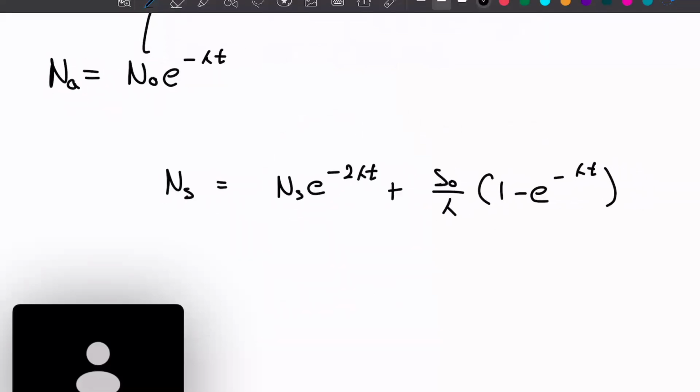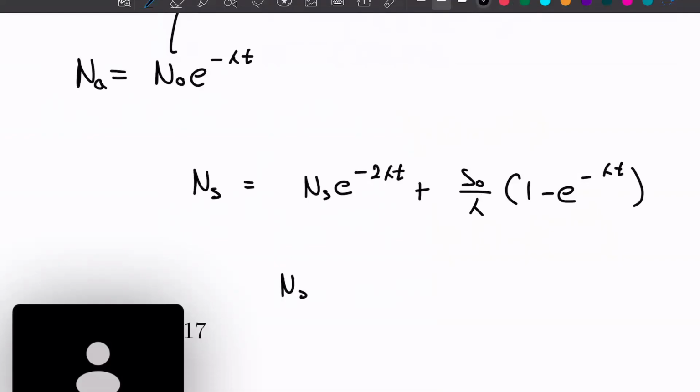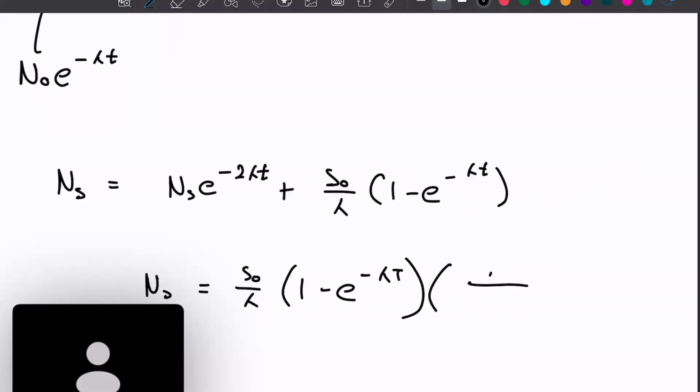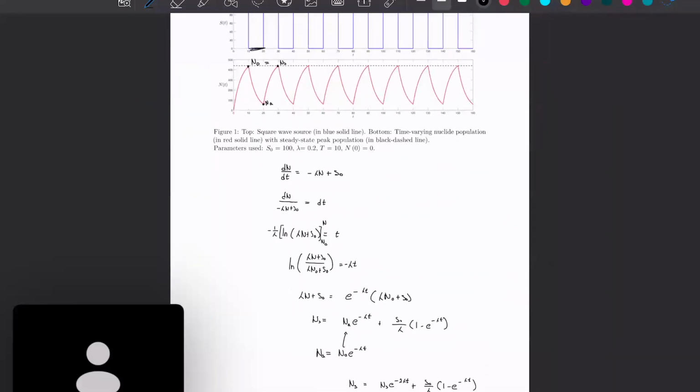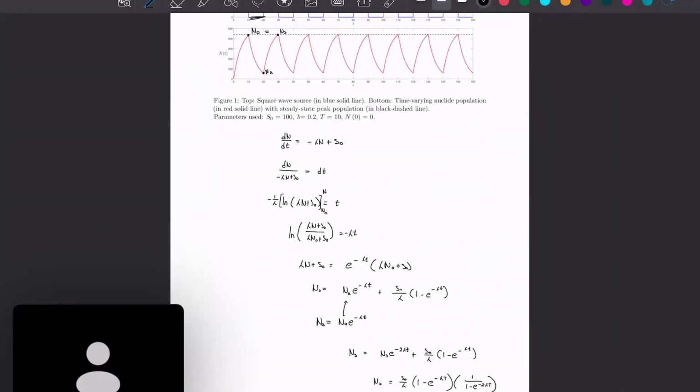And if we do rearranging, we can get NS equals S naught over lambda, 1 over 1 minus e to the minus lambda t. I hope that is correct. Okay, so that is that. So that's part one.